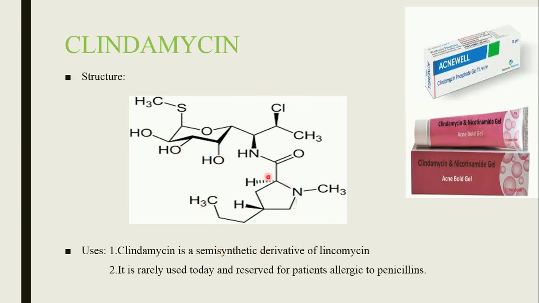This side chain contains a heterocyclic compound, that is the pyrrolidine nucleus. The pyrrolidine ring contains a methyl group at the first position and a propyl group at the third position. The remaining substituent is propyl chloride and an amide group is present. This amide group acts as a bridge between propyl chloride and the pyrrolidine nucleus.